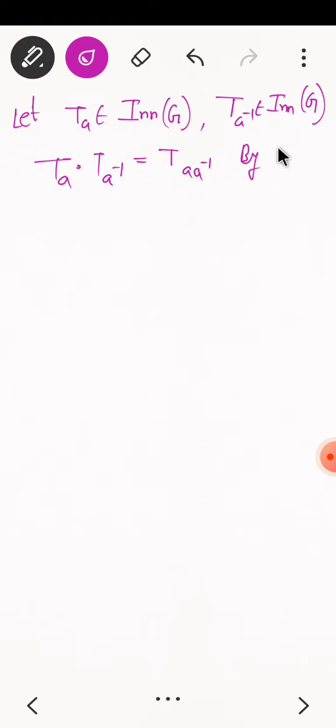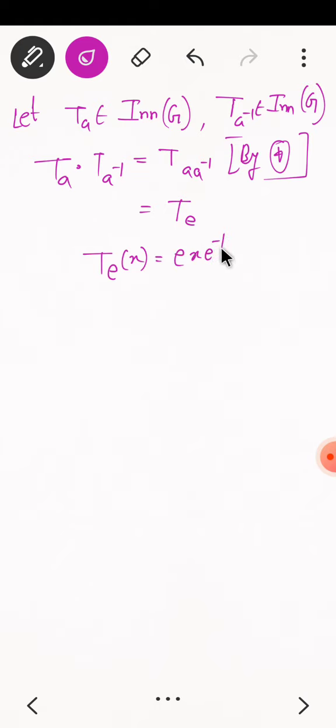By star we get T_a T_a inverse equals T of a a inverse, that is T_e, where T_e of x equals e x e inverse, that is equal to x.